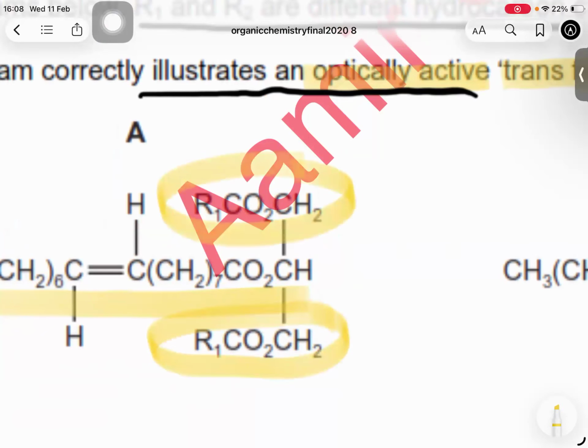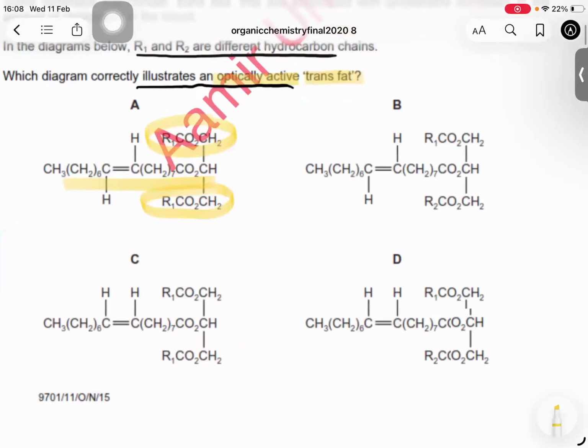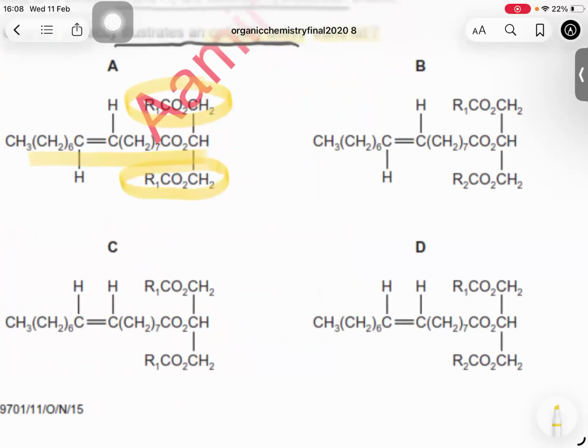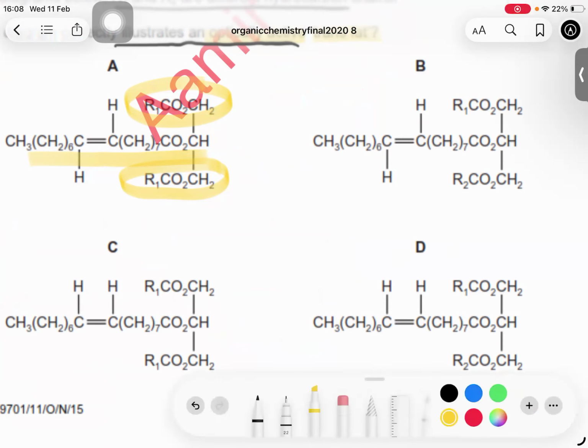These two groups are the same. What about B? B is the R1 R2. What is B? Look at the B.